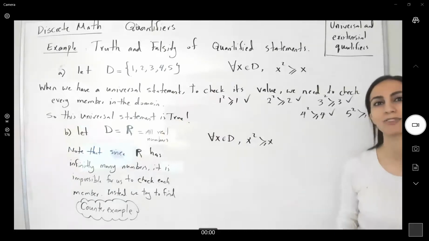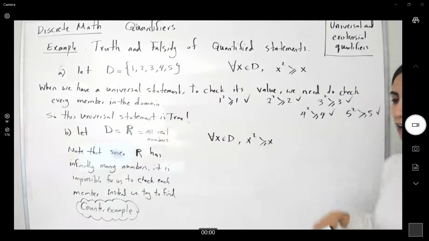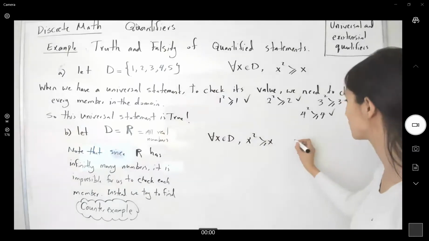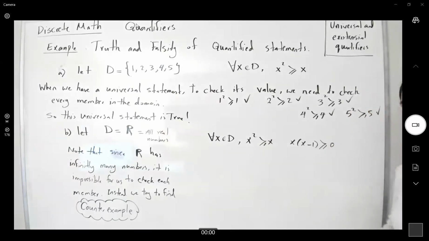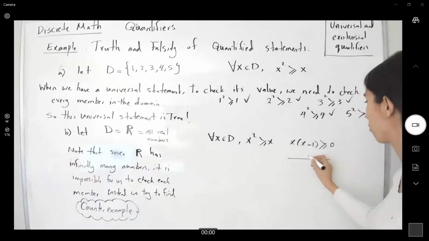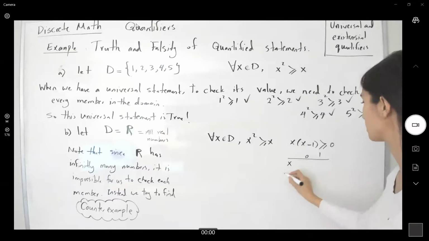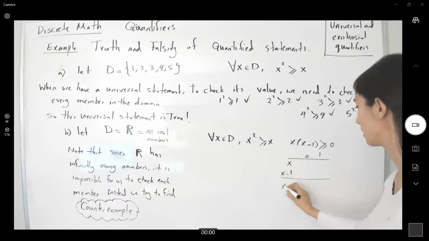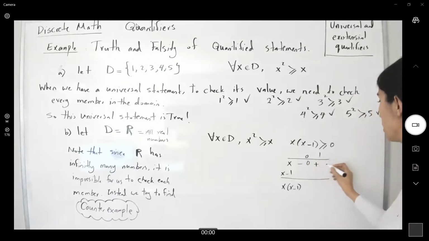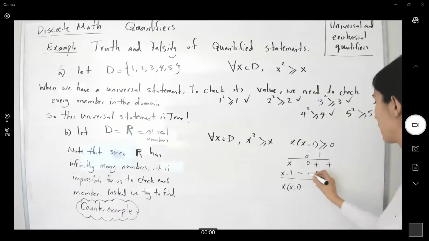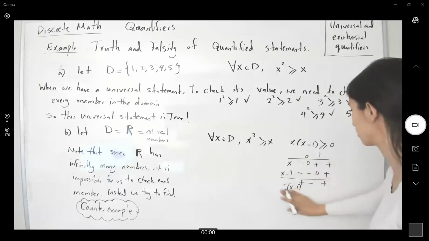So let's get back to algebra. How do we graph this? It says x times (x minus 1) must be greater than or equal to 0. If you form the table, x minus 1, and then x times (x minus 1), the signs are positive, negative, positive.